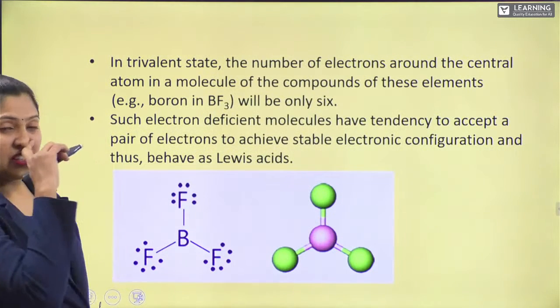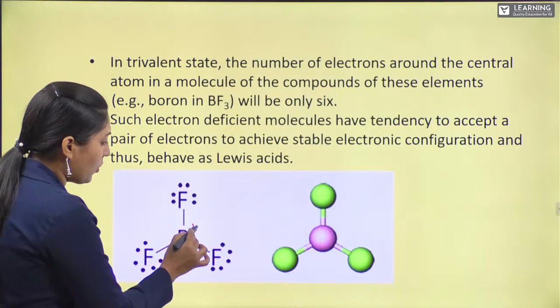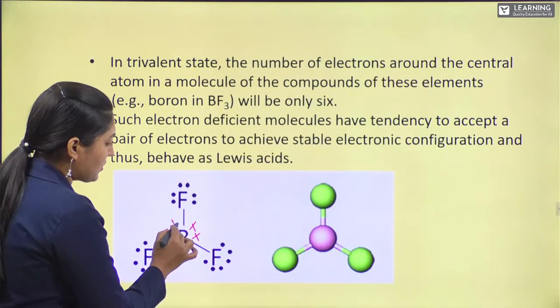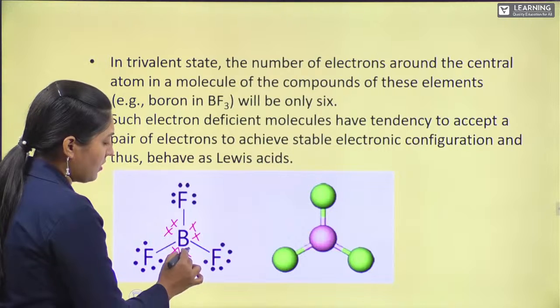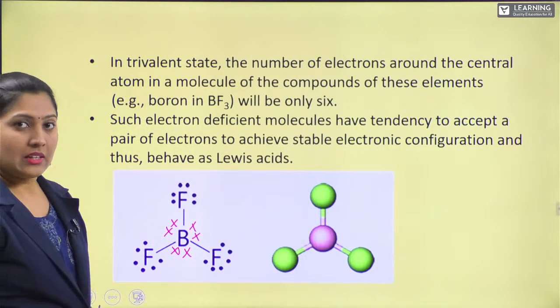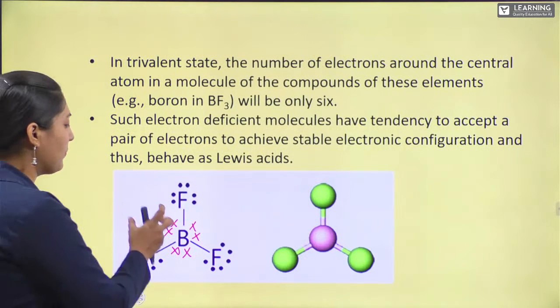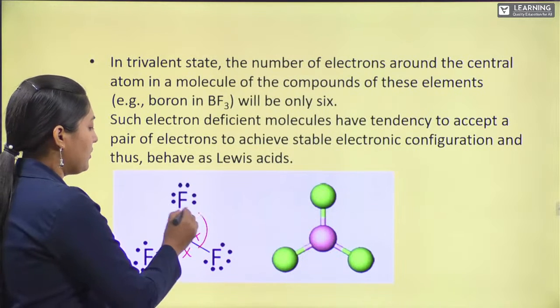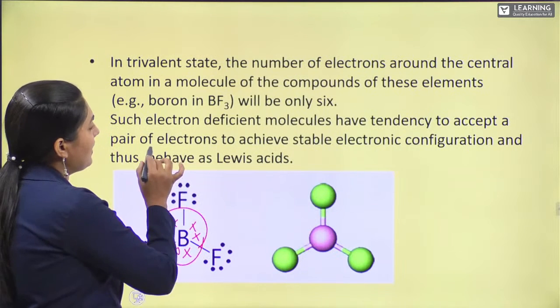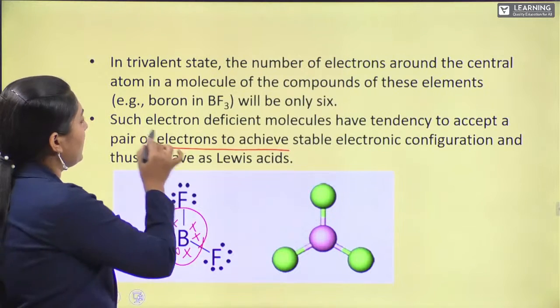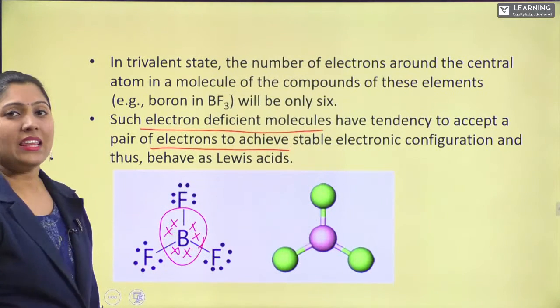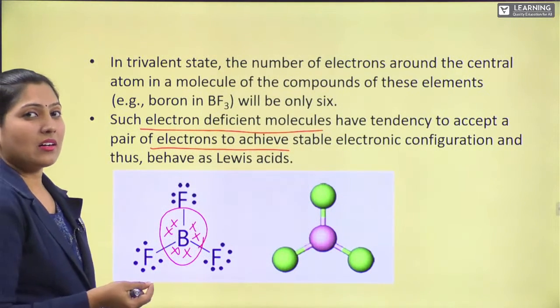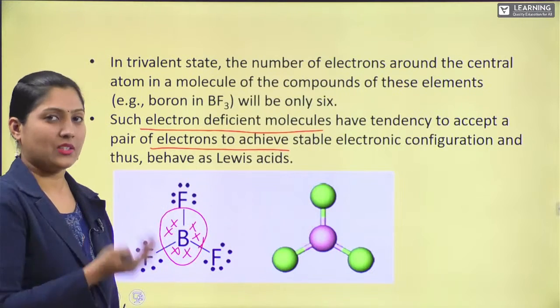So electron deficient, which we have here, only 6 electrons around the boron, right? Even after having its bonding. So this we call electron deficient molecules. And they have the capacity to accept electrons from others.